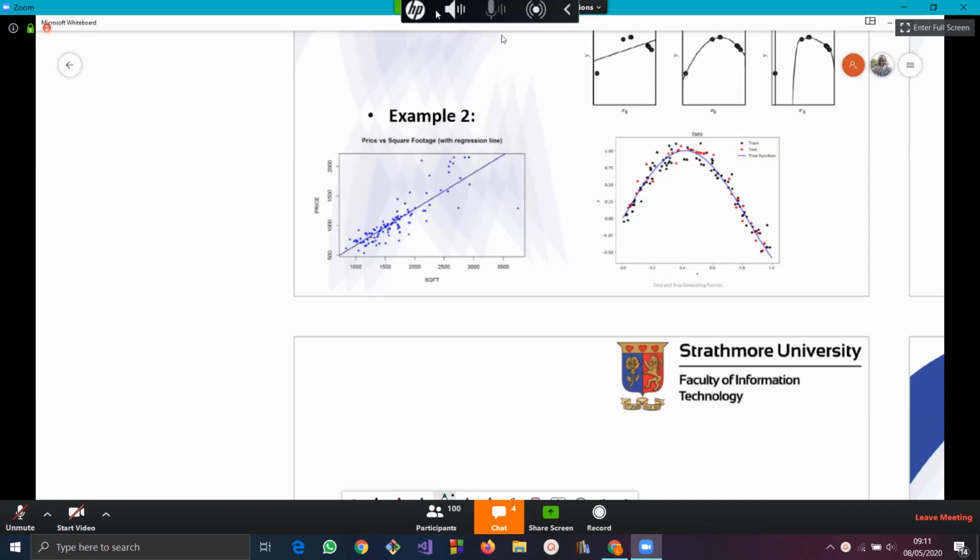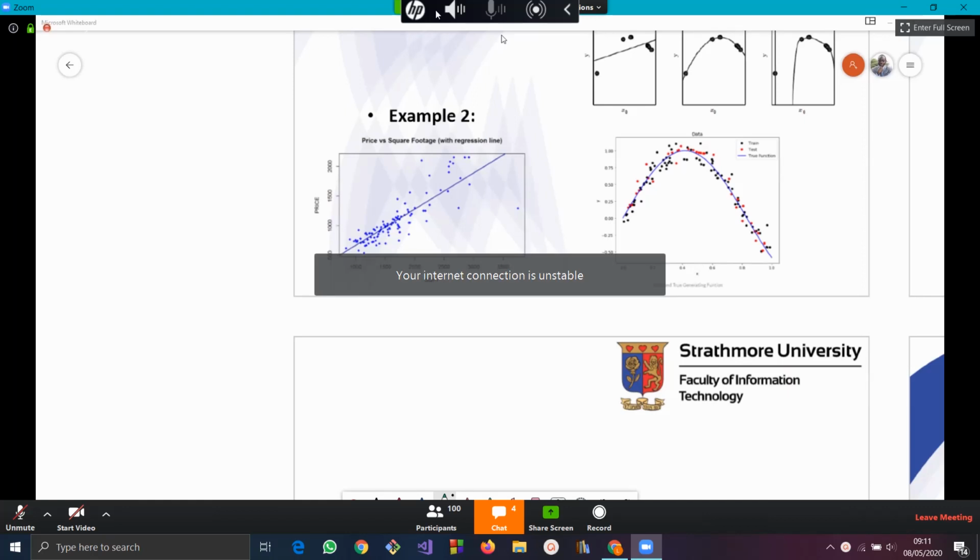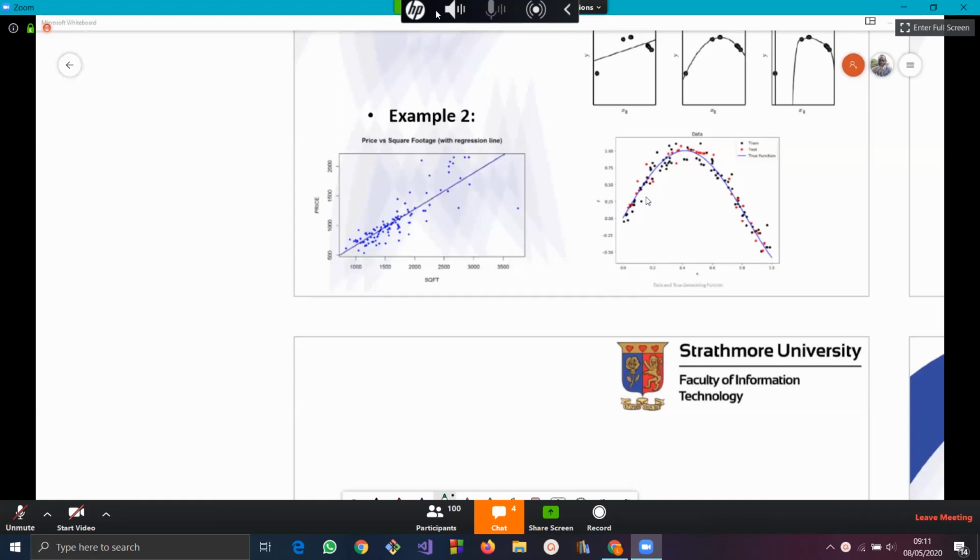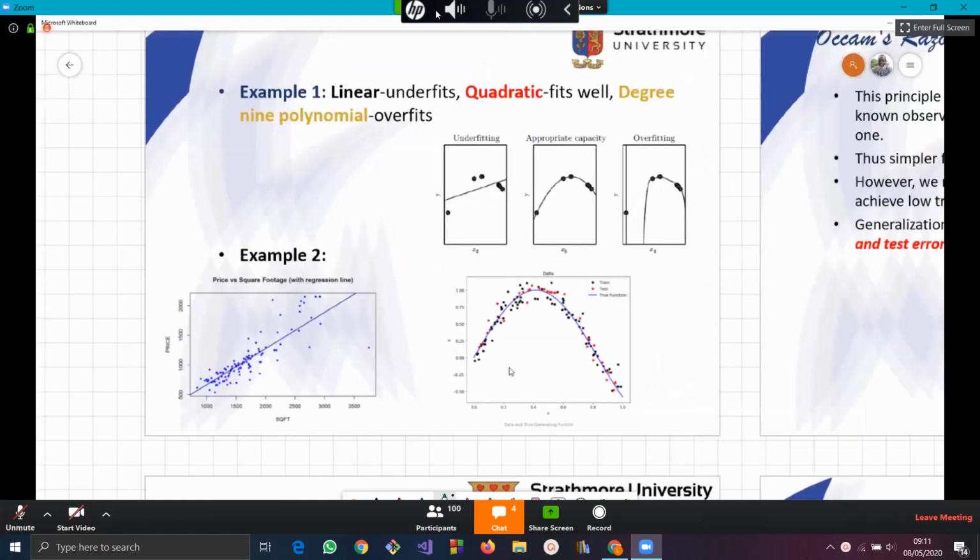From linear, which other polynomial is next? What do we call polynomials of order 2? Yes, Isaac, quadratic. Thank you. When we go to order 3, it's cubic, and so on and so forth. So in short, we need a higher order polynomial in order to fit this data set well.